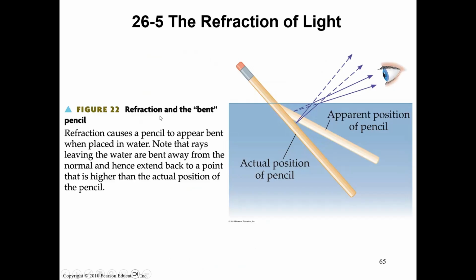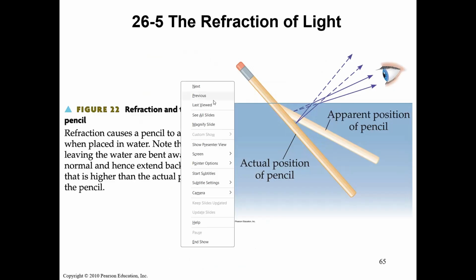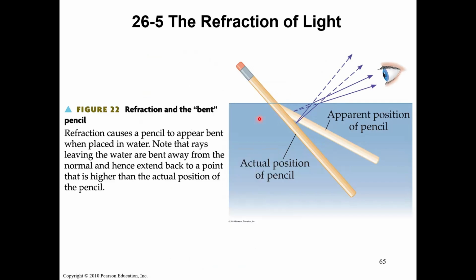This is a very typical example of refraction. You have a pencil inside water, and when you use your eye to look at it from above the water, inside air, it will look like the pencil is bent, and bent towards you. So why is that? If you consider some light ray emitted from the pencil, it will go this way and hit the interface between the water and air.